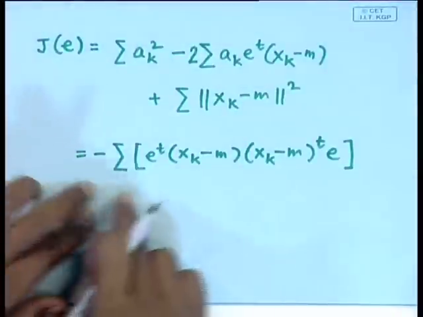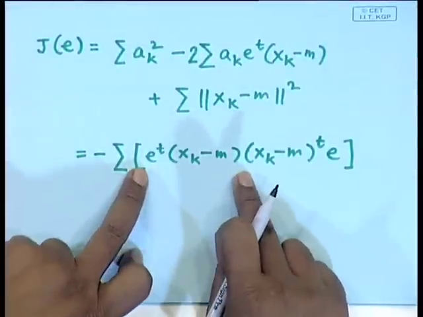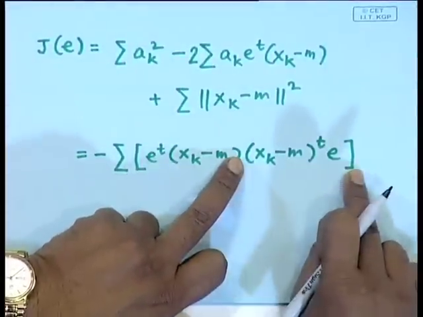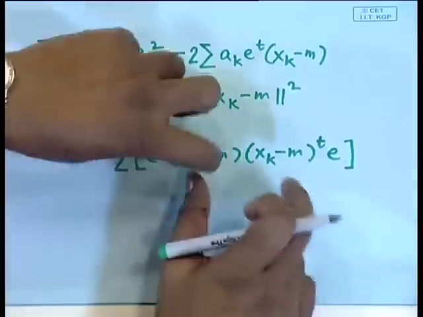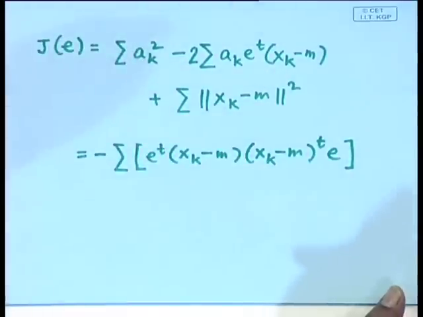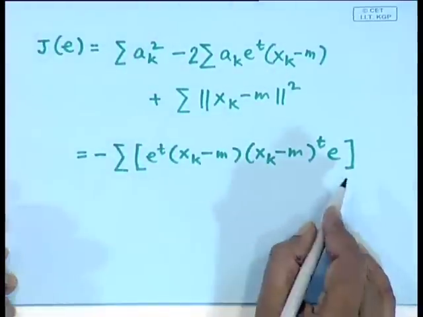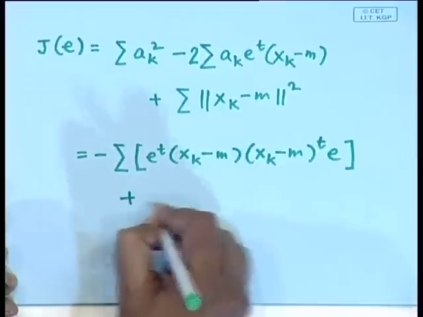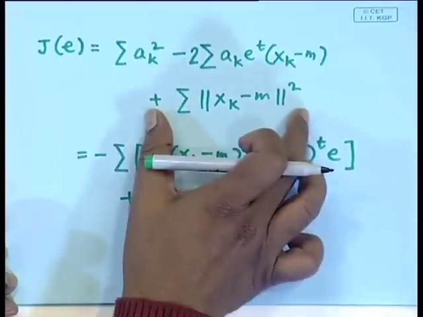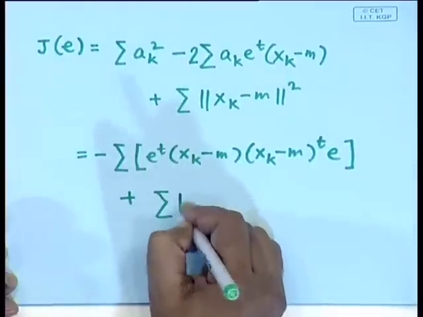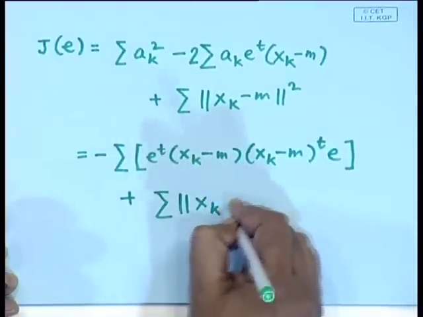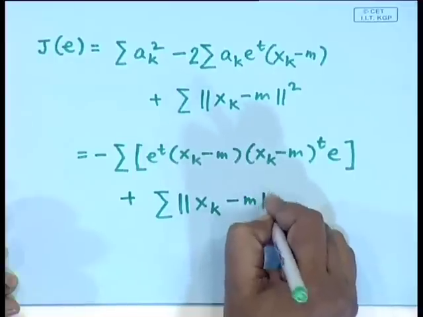If I break that, I can write this as E transpose x k minus m into x k minus m transpose E. It is in the matrix expression, it is the same. Okay. So, the other term remains as it is, plus sum of x k minus m square.